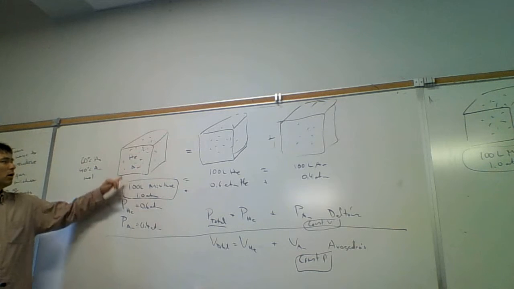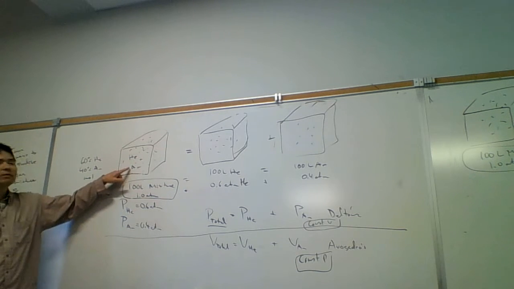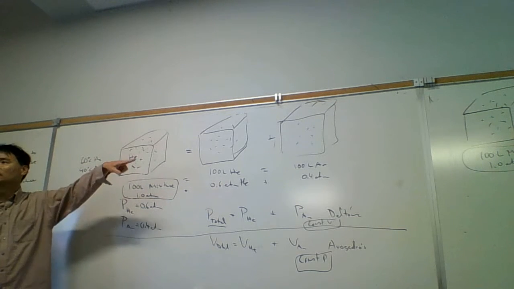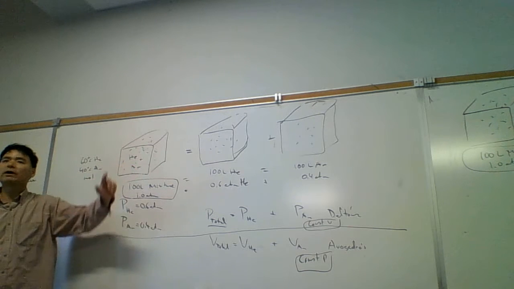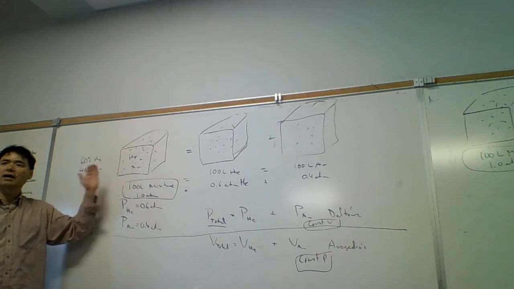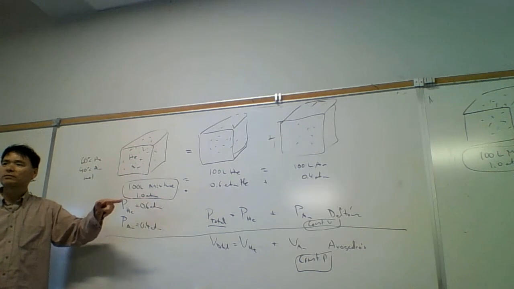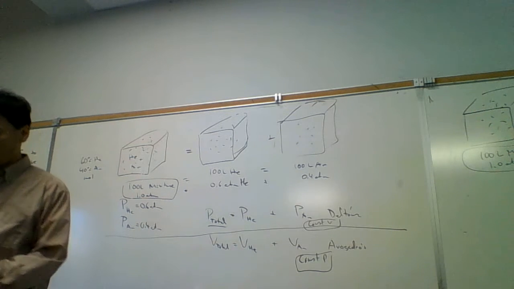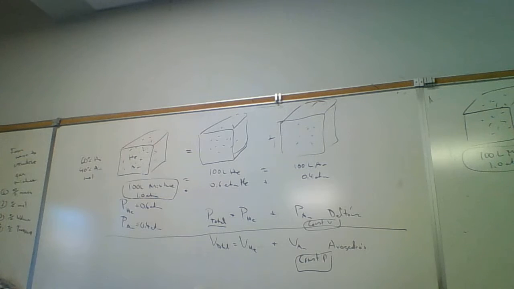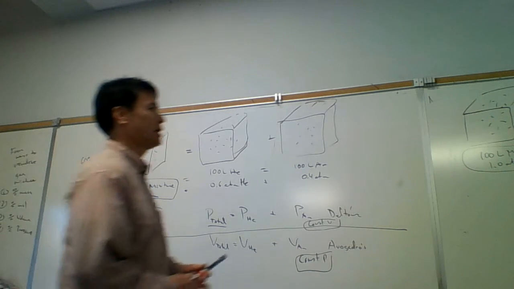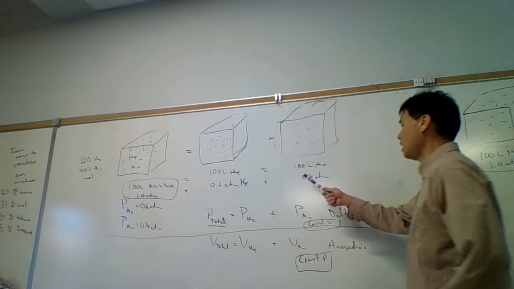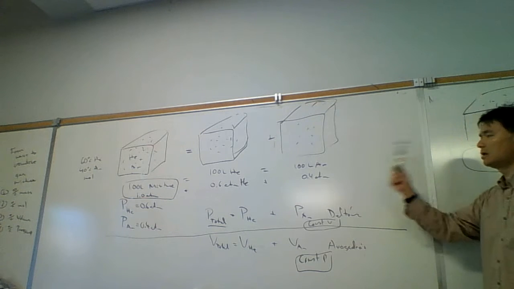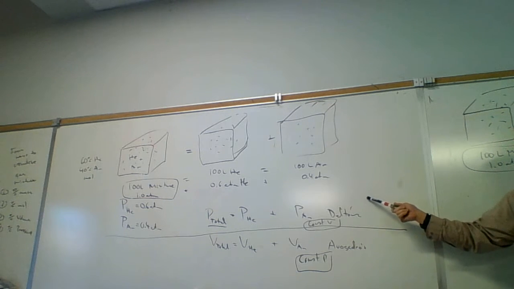How much argon is there? 40 liters of argon at 1 atmosphere, or 100 liters of argon at 0.4 atmospheres. Does that make sense? So there are two answers, and it depends. Are you looking at this as an Avogadro's over here, or as a Dalton's over here?